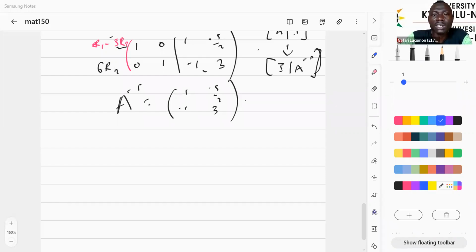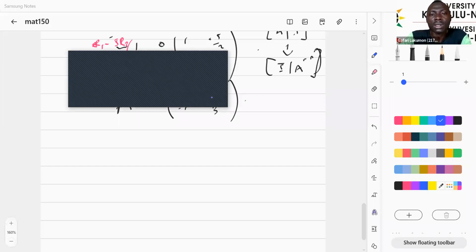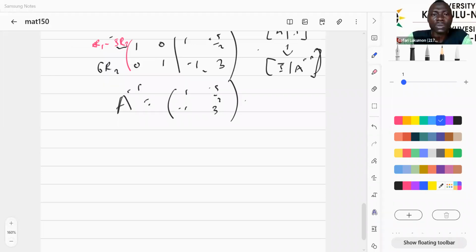Okay, let me see if I can copy it here. Yeah, it is not difficult to do. So find the value of K such that this guy has an inverse. Okay. Let me copy it here.